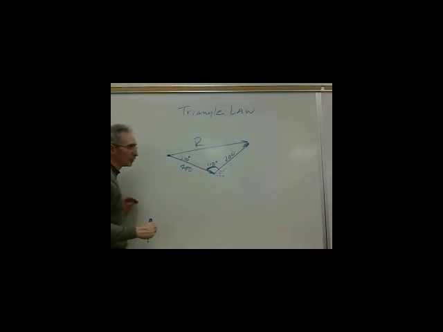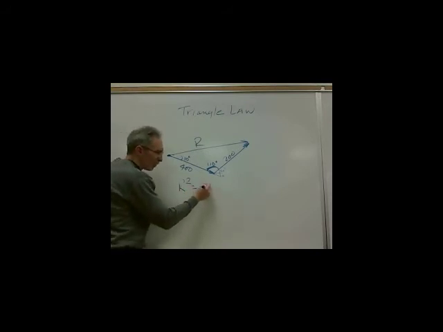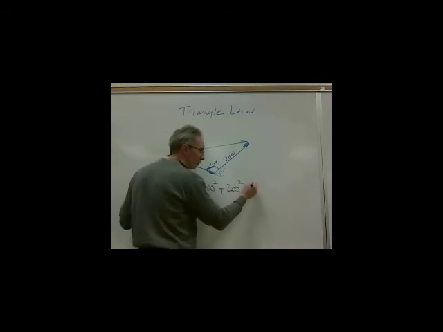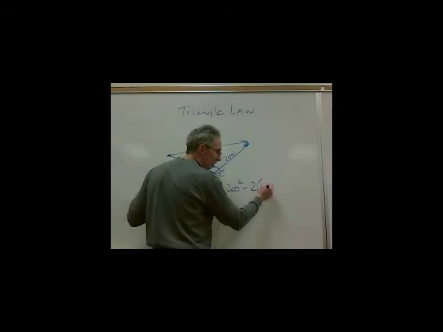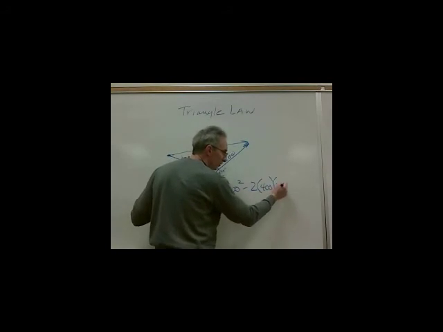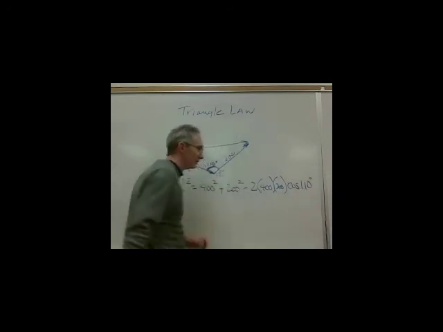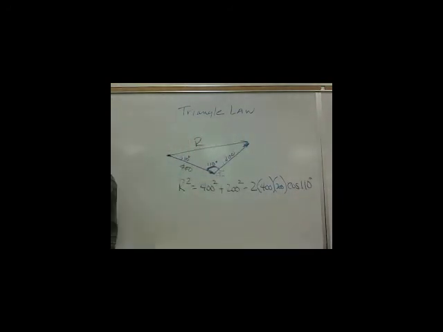So here's what you can do. You can do the cosine law. R squared is equal to 400 squared plus 200 squared minus 2 times 400 times 200 cosine of 110. Go ahead and do that for me. Leave it in terms of R squared first.